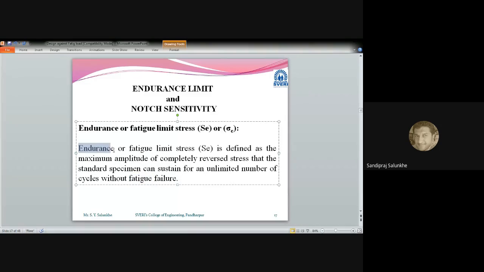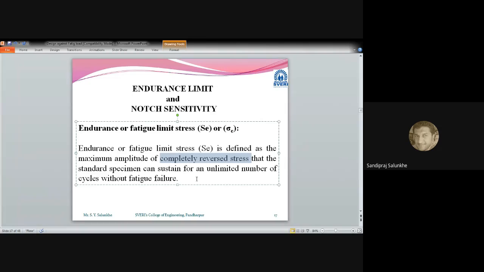Endurance limit or fatigue limit stress is definitely a value of stress. That means it will always be in Newton per millimeter square, or megapascal.